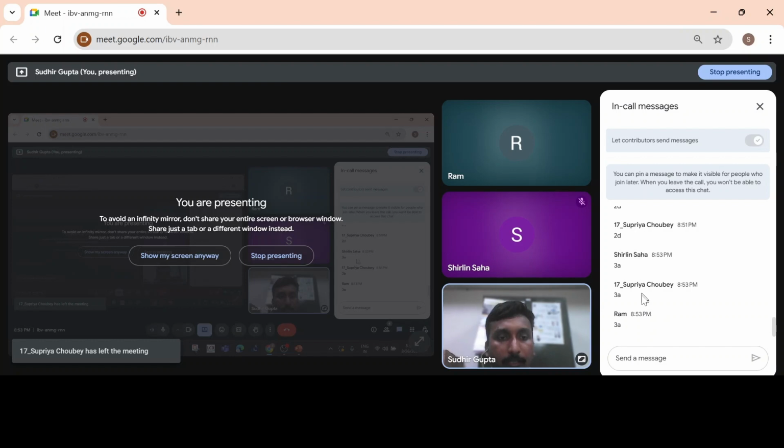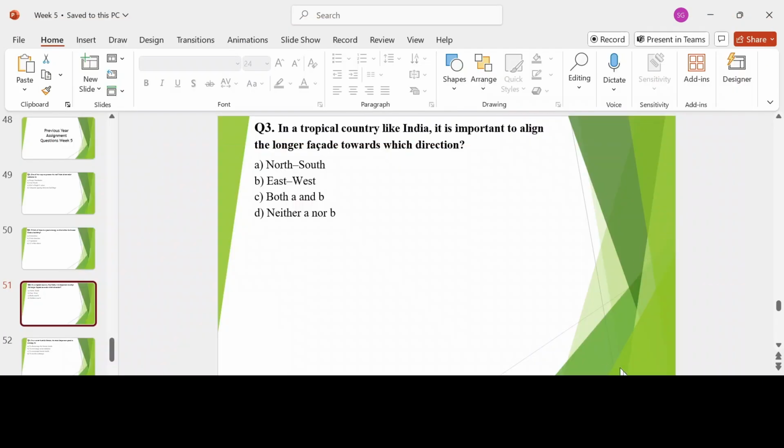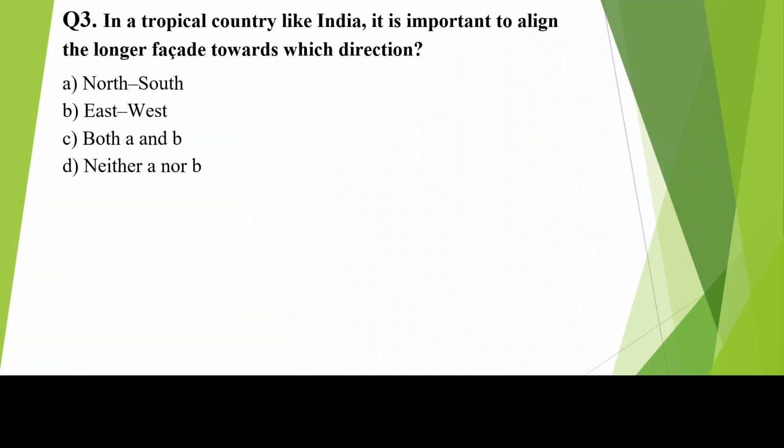Okay, so 3A has been marked by most of you. So all of you are correct. Aligning the facades north and south minimizes harsh east and west solar exposure and makes the shading easier. This is recommended in most tropical regions.